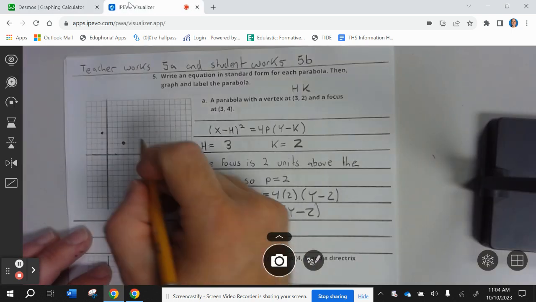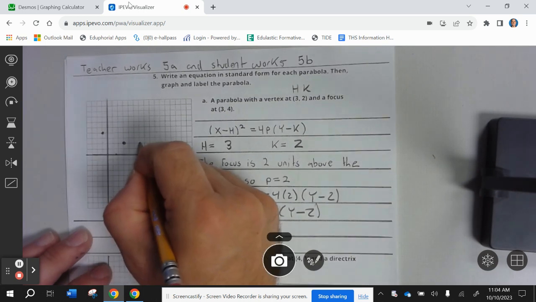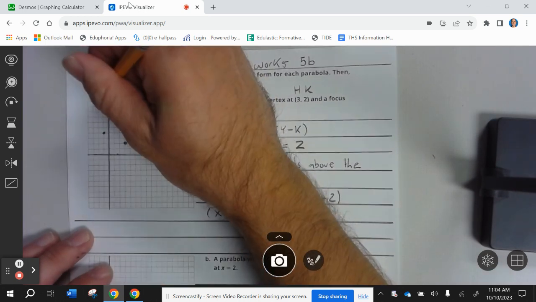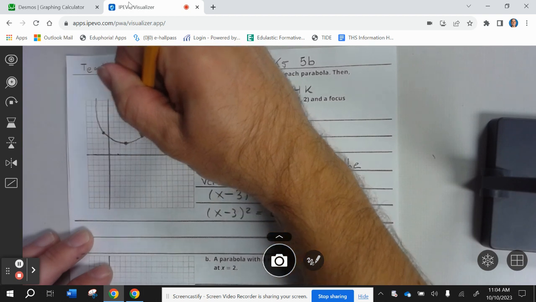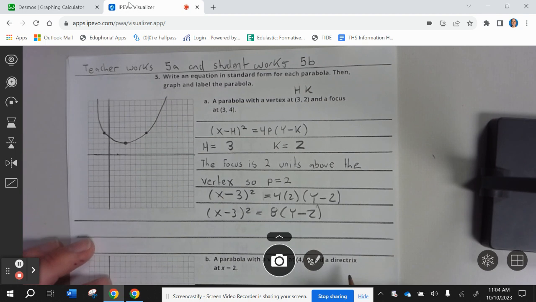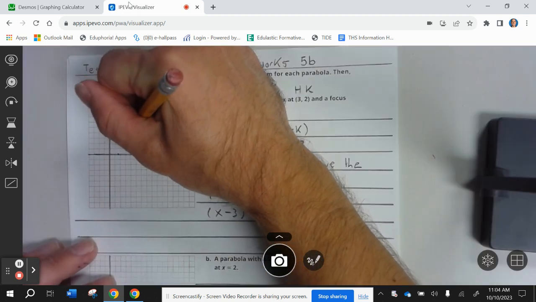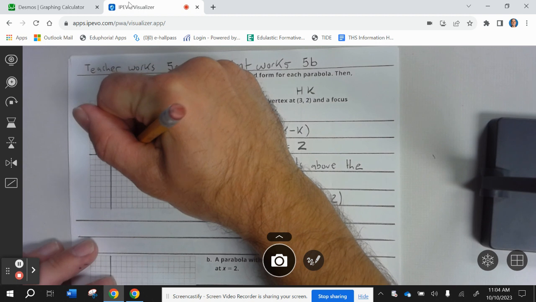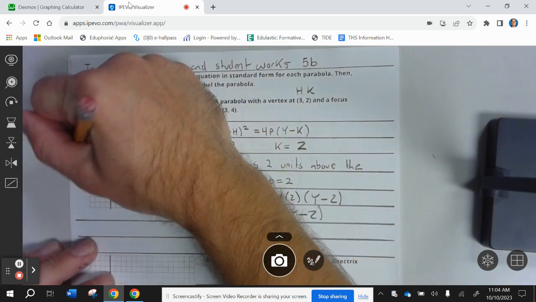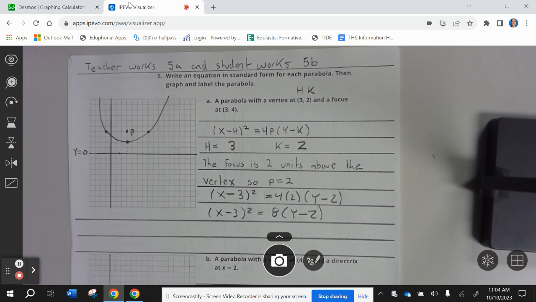Okay, so we go 1, 2, 3, 4 up 2. 1, 2, 3, 4 up 2. Our p-value is 2 units above the vertex, so 1, 2. So then there's your y equals 0. All right, go ahead and finish up 5a.